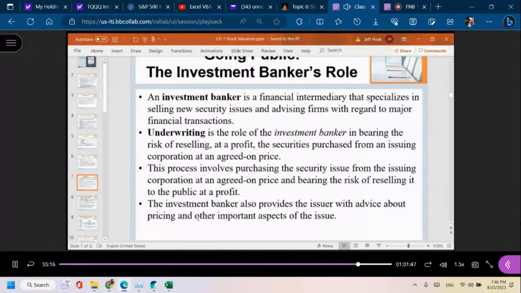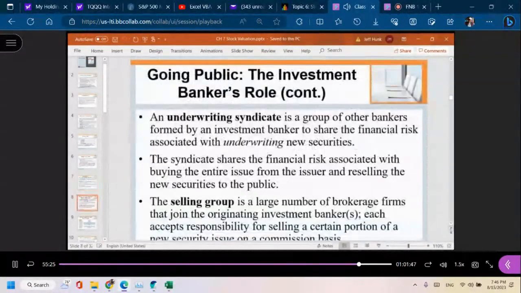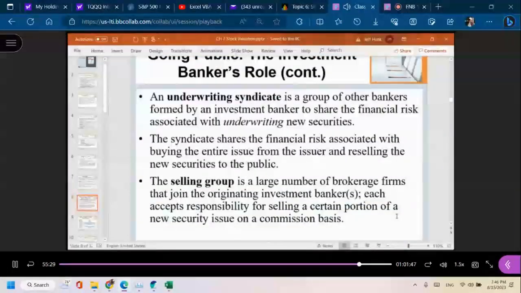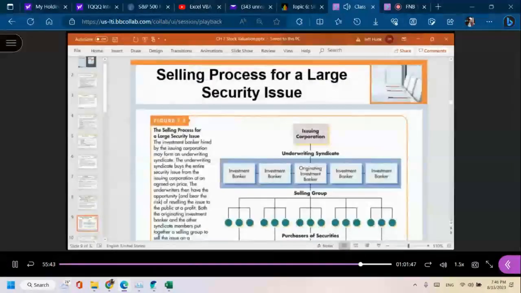So that's called underwriting. But in underwriting, it's not just one investment bank that is involved. It's a network, or syndicate, of investment banks and brokerage firms, which form an underwriting syndicate. An underwriting syndicate is something like this.